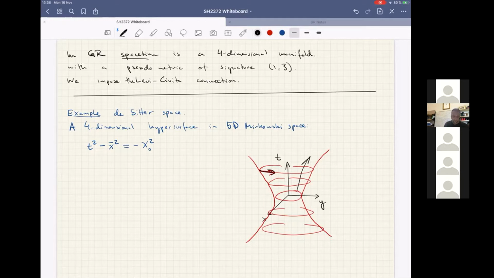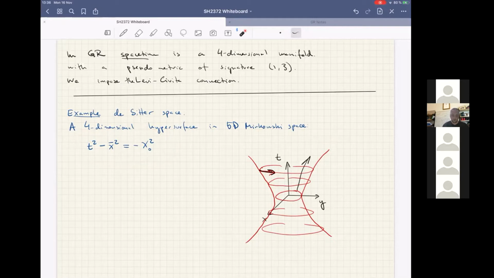Let me say also that the de Sitter space inherits the induced metric from this embedding into 5-dimensional space, which means that since I have these 2 directions, this direction is going to be time-like, this direction is going to be space-like, and so this 2-dimensional de Sitter space that I drew here, or in general this 4-dimensional de Sitter space, is indeed going to be a space-time of the correct signature.